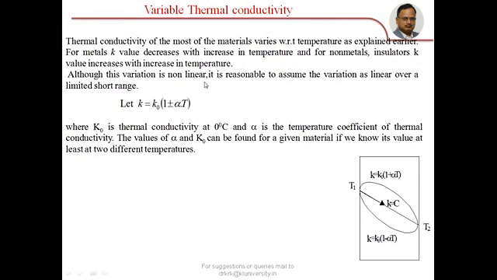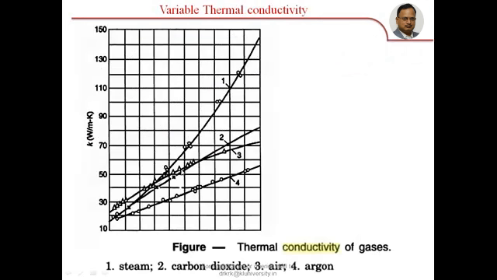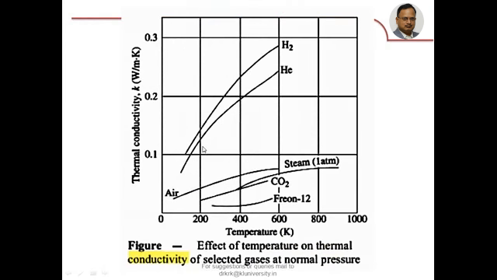Although this variation is non-linear, it is reasonable to assume the variation is linear over a limited short range of temperature. You can observe that between these two temperatures it is a straight line, here a straight line, here also a straight line.